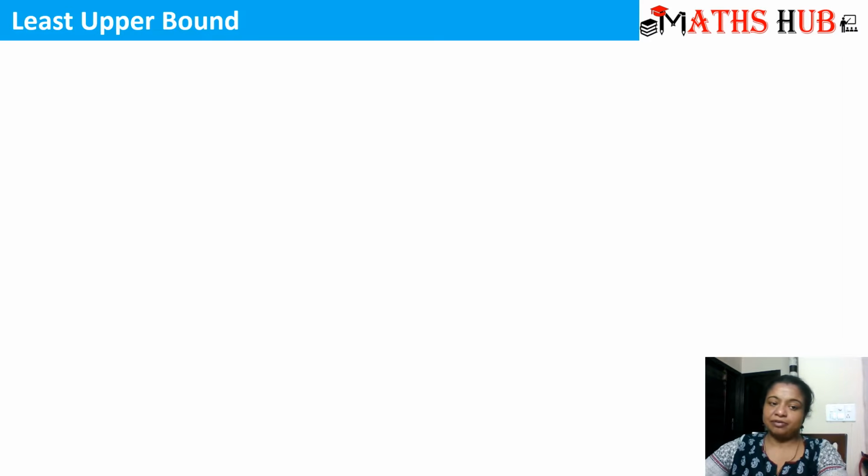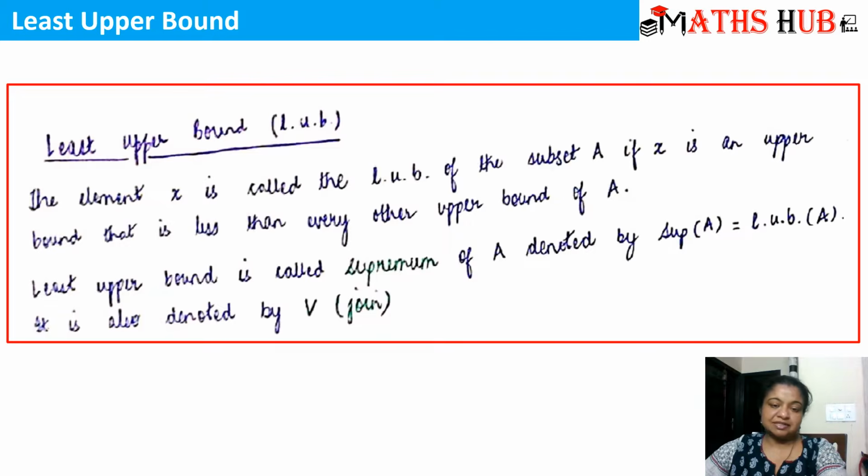Least upper bound means from the elements of the upper bound, we need to select the least out of them, right? So what's the definition?